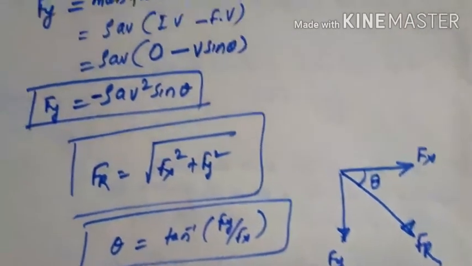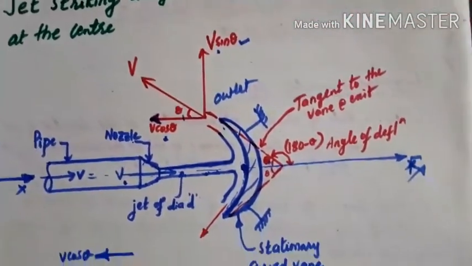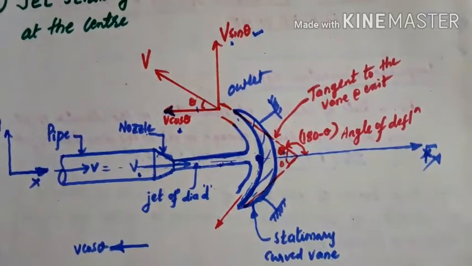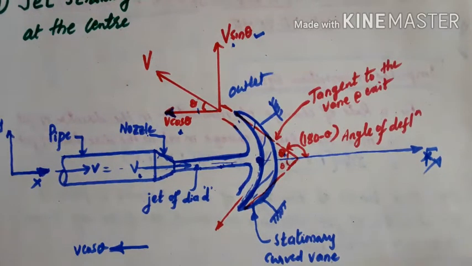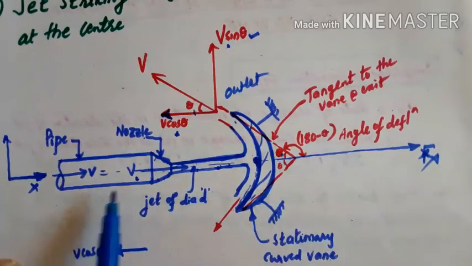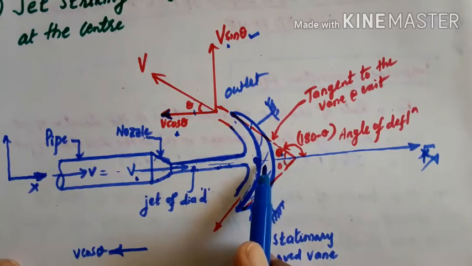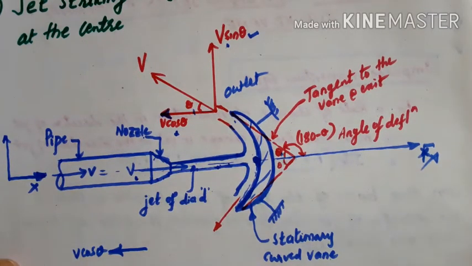Please practice this derivation, and remember you have to apply the impulse momentum principle here. First, draw the figure neatly, that is, a pipe and a nozzle, how it is acting, and which case is given, whether it is a symmetrical or an unsymmetrical case. Then according to that you draw the figure and calculate the force exerted by the jet.